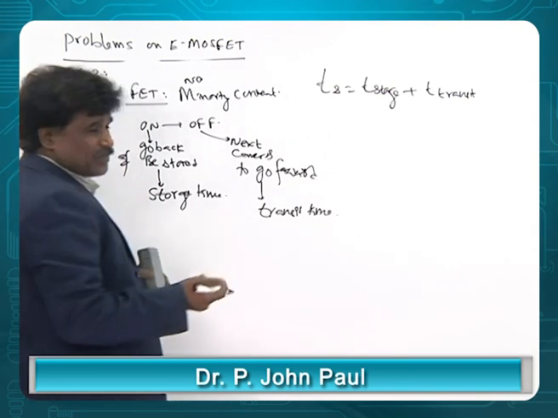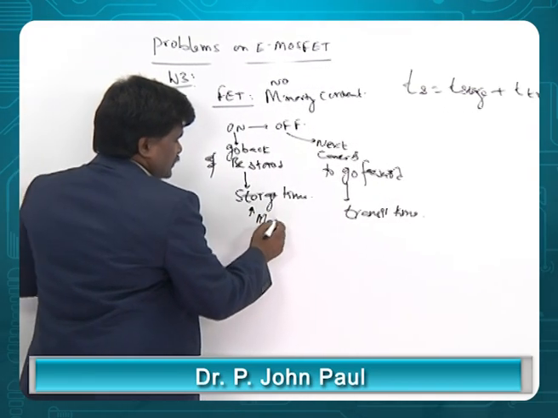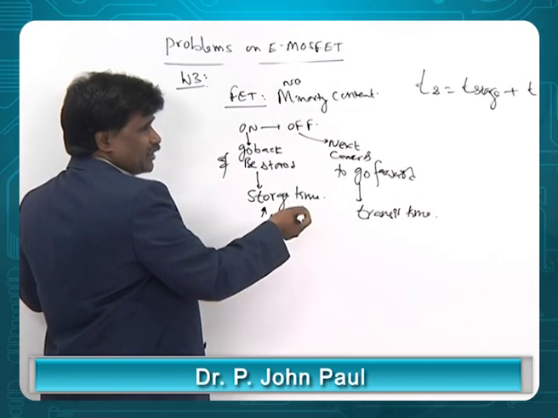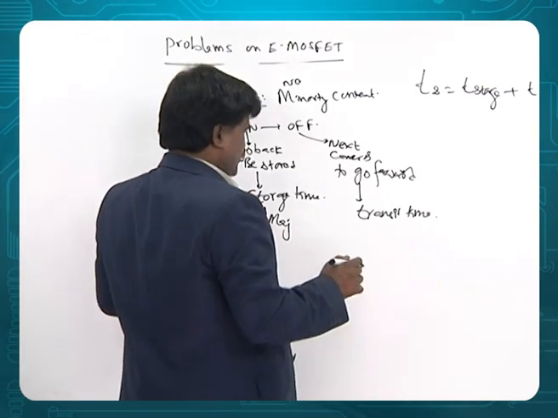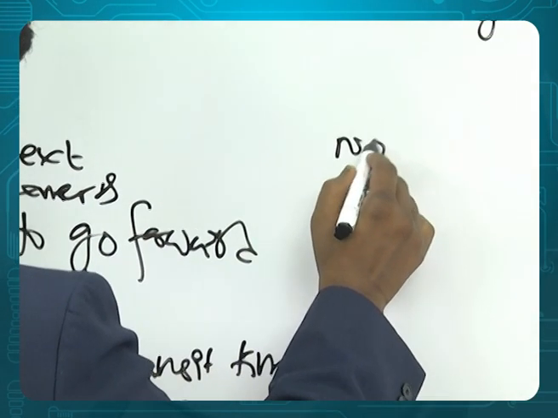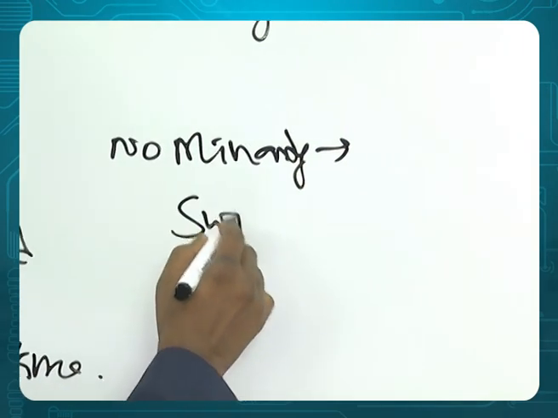Now here what's happening? This is for example majority carriers. For them to come back and next one to go, such a problem is not there in MOSFET because there is no minority carriers at all. That's why, because there is no minority carriers, we can say switching is fast.